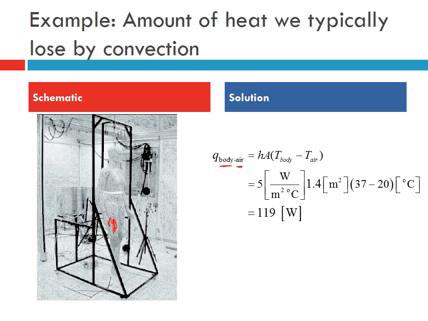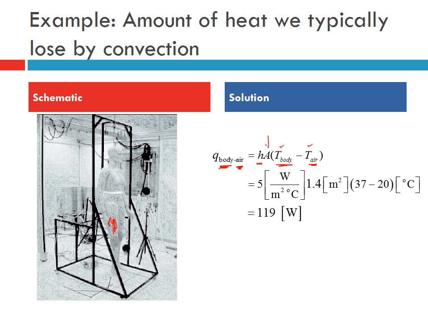So heat flow from body to air would be equal to h times T body minus T air. Notice I don't need to know which is hotter. We just write T body minus T air and say that is the heat that flows from body to air.